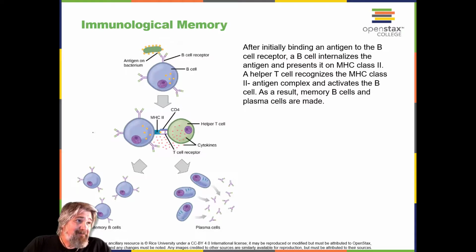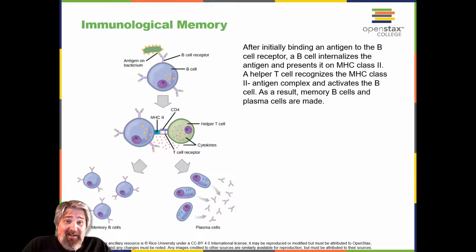So we have the B cell with random receptor sites, random variable regions. This one happens to match something on the outside of the bacteria. You don't need to worry about knowing the CD complexes here. The type 2 helper T cell releases cytokines, and now we have memory B cells and plasma cells.